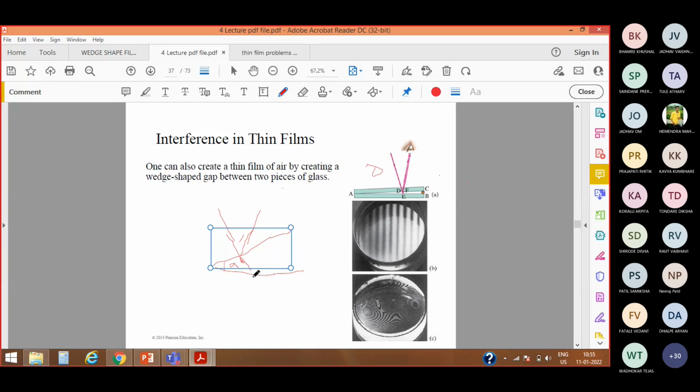When the light ray comes to point C, this is your point A, there is refraction of light and also reflection of light.